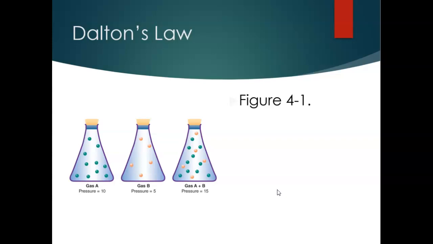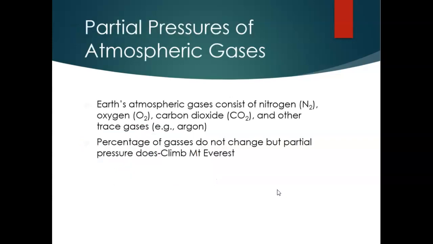This is just a figure that's a visual representation of this law. You're seeing in the first beaker gas A, gas B, with respective partial pressures of 10 and 5. But when we put those gases together, the partial pressure of that whole mixture is going to be 15, those two numbers added together.